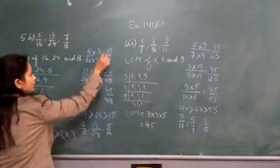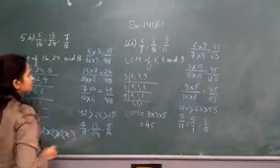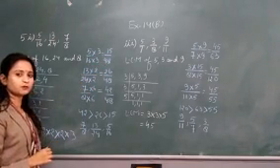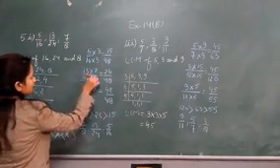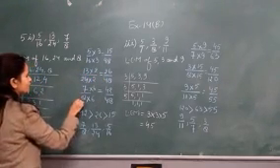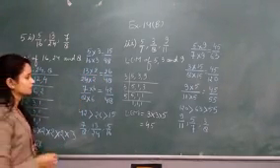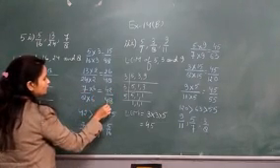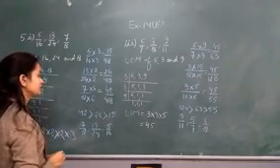That is equal to 15/48. The second fraction is 13/24. We will multiply this fraction by 2. It is equal to 26/48. And 7/8 we will multiply by 6. That is equal to 42/48.